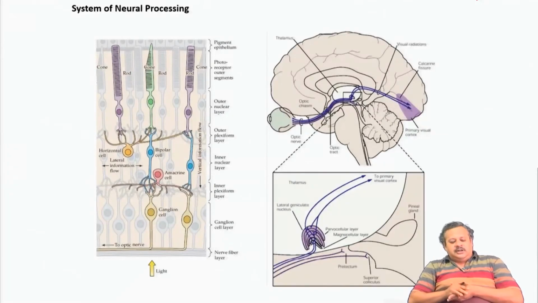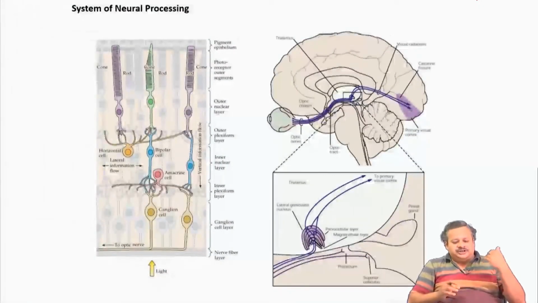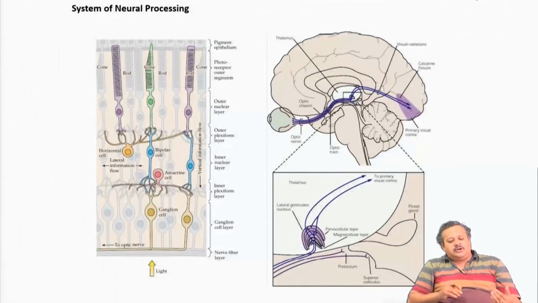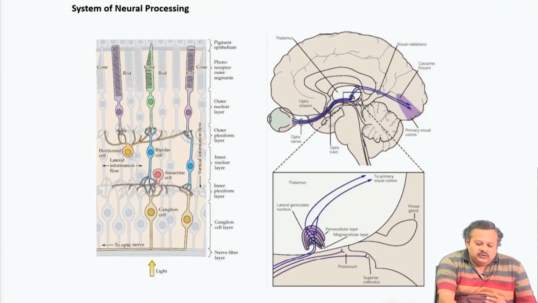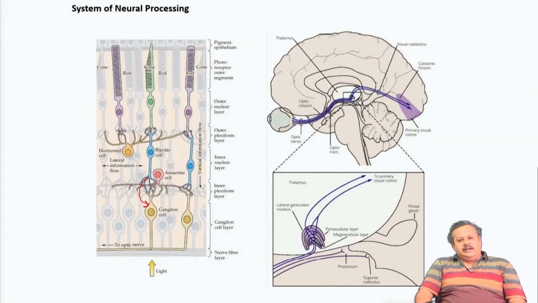or even the horizontal cells, which are there for another purpose. And then subsequently the bipolar cells provide inputs into the ganglion cells, inputs in the sense that the membrane potential changes from the rods or cones to the bipolar cell produce further changes in the membrane potential of the bipolar cells, and then those membrane potential changes finally get transmitted onto the ganglion cells, or the retinal ganglion cells.